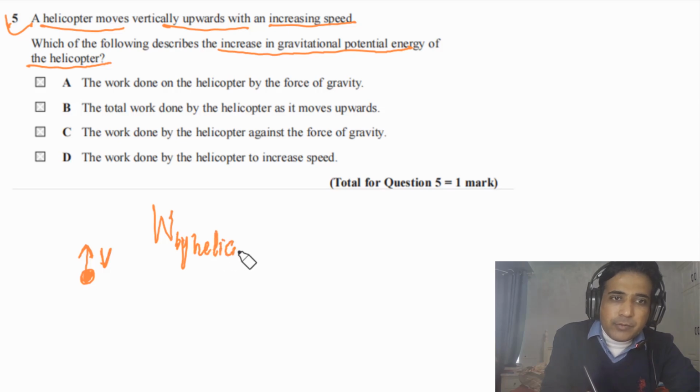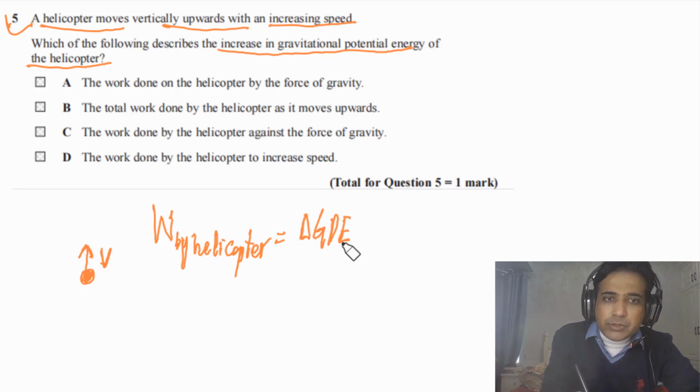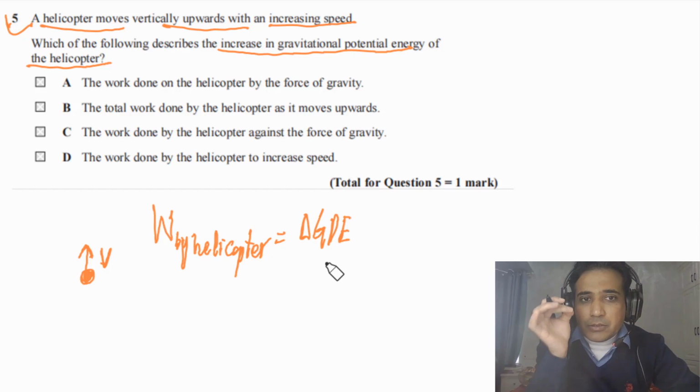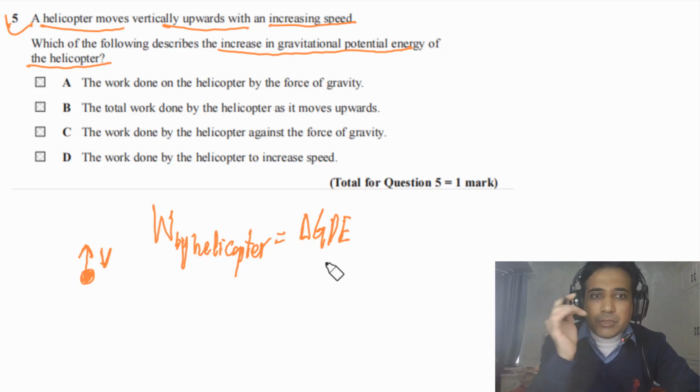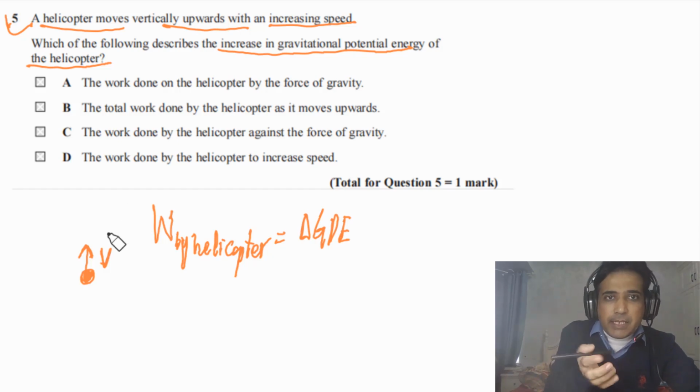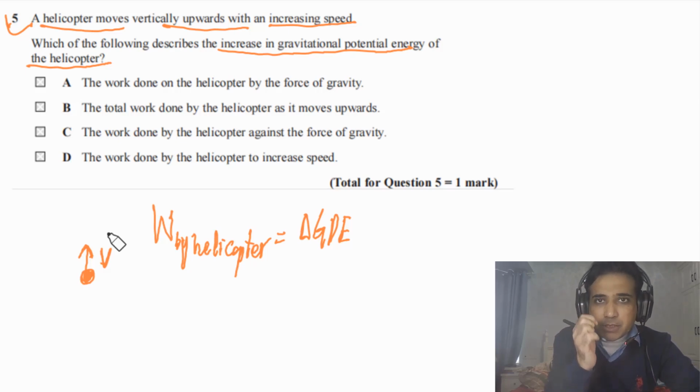This work done will be equal to the change in gravitational potential energy, or we can say the gain in gravitational potential energy. But in this case the helicopter is moving vertically upwards and also gaining speed.